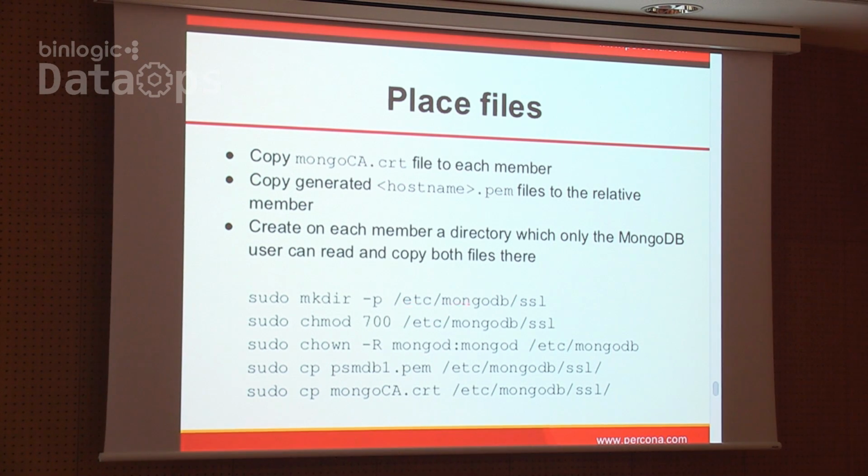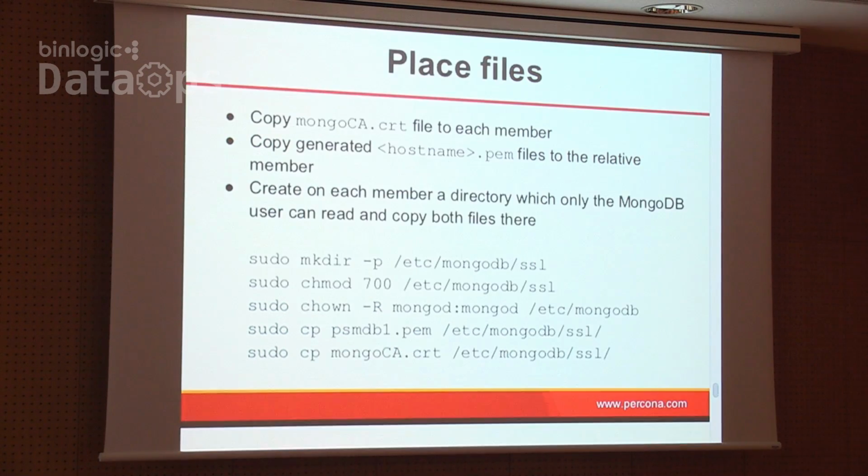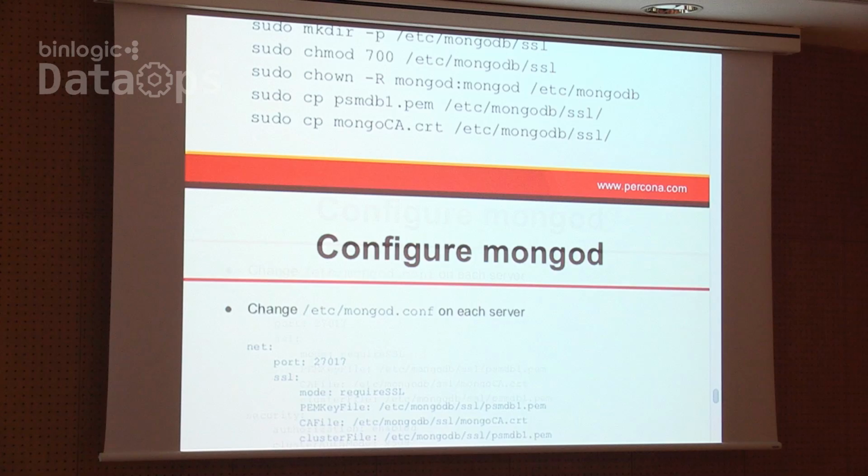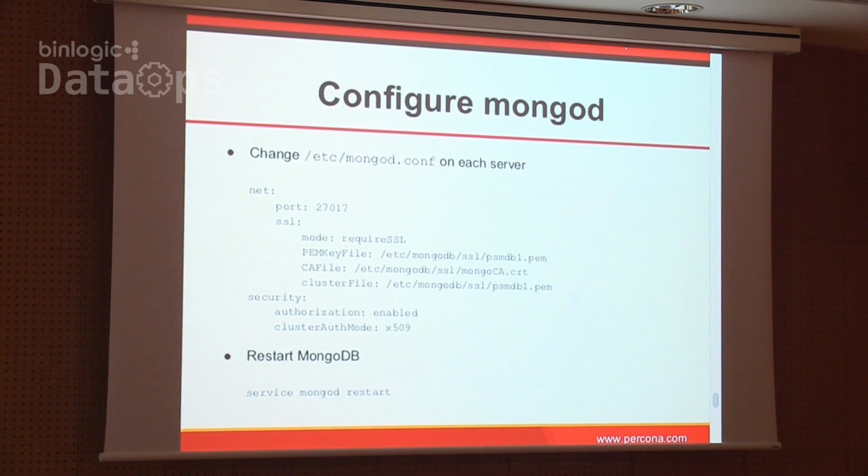You can put this anywhere, but I choose, for example, /etc/mongodb/ssl, and I put in this directory both the files in each node. So the fake certification authority file and our self-signed certificate for the node. So this for each node. Okay, that's all. Now I have generated all the certificates.